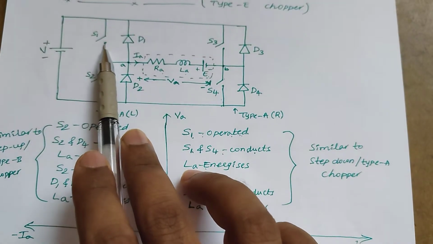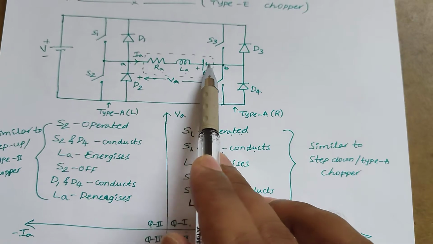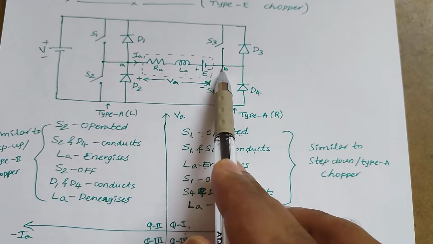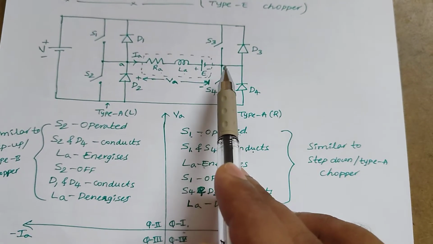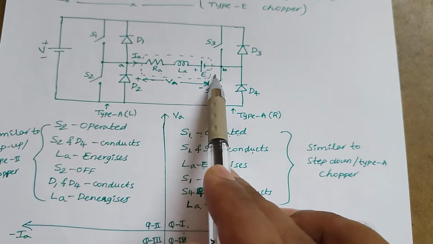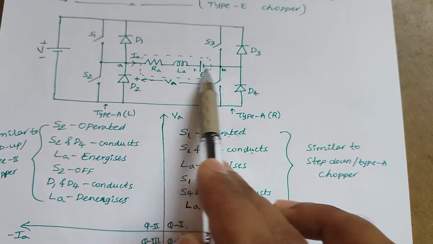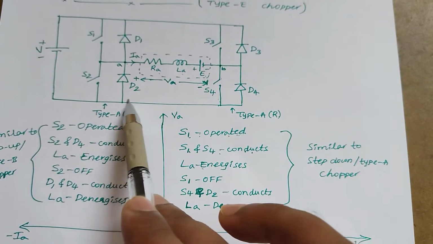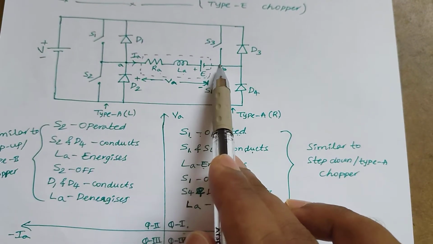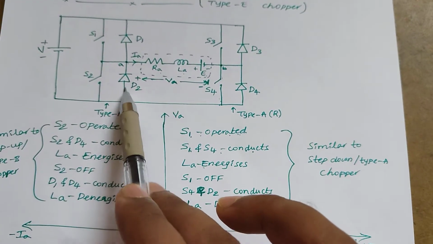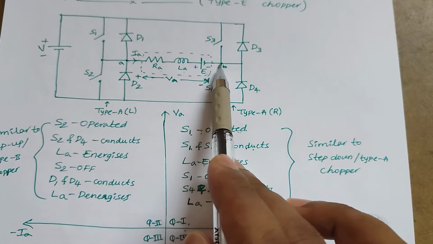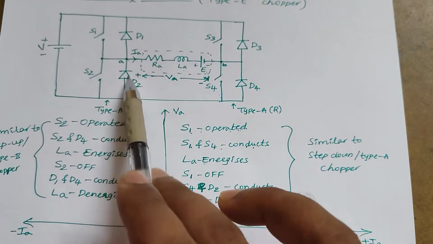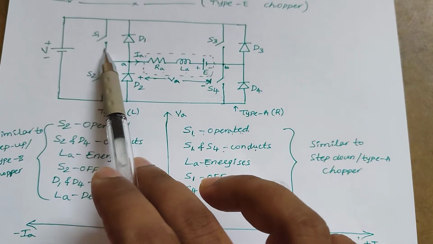When S1 is off, the stored energy in the inductor will discharge through S4, because all other switches are in reverse bias. Only S4 and diode D2 go into conduction. The stored energy in the inductor freewheels through diode D2 when switch S1 is off.